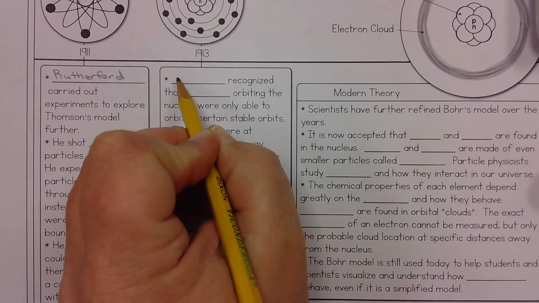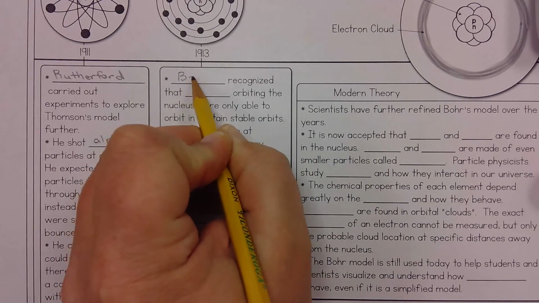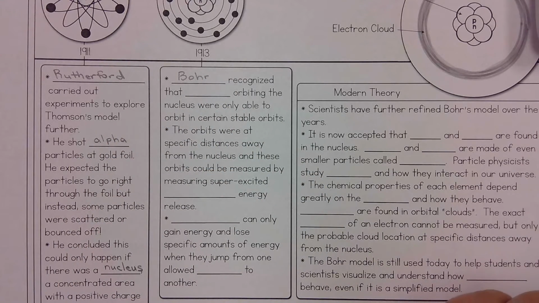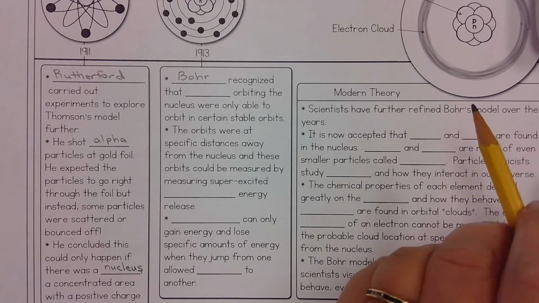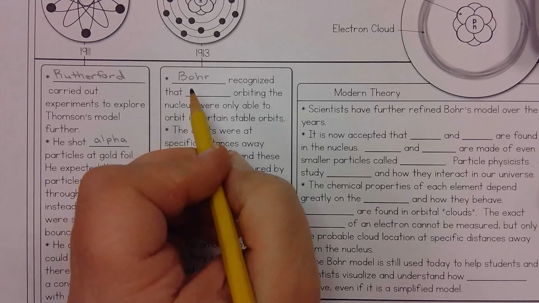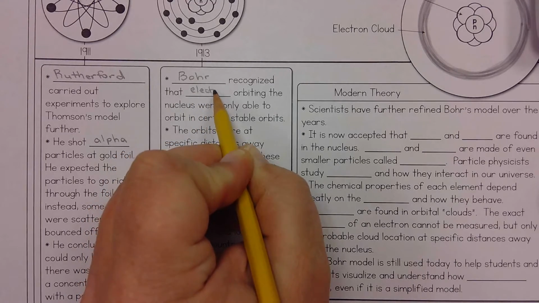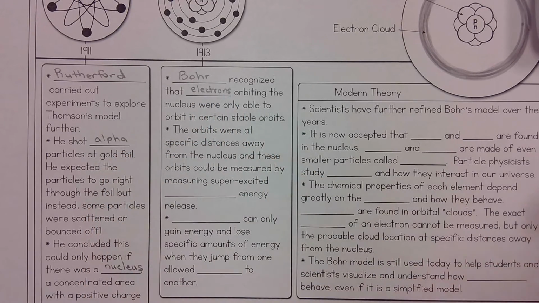The next guy we want to mention is Niels Bohr. You're going to be doing some experiments with some of his type of work in the end of this lesson. But Niels Bohr was the one who recognized that electrons were orbiting the nucleus, but they were only orbiting in very specific places.